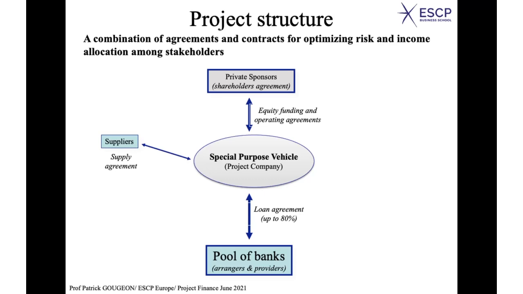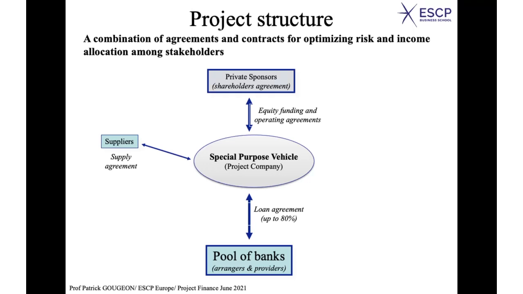Well, you may need raw materials. If it's a gas power plant, you will need gas. So you need to make sure that you will have the quantity of gas you need, and you also have a problem, which is the volatility of the price of gas. So how can you fix it?